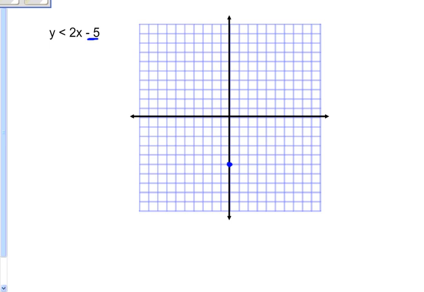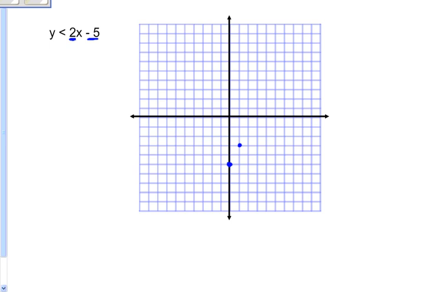And then I'm going to use the slope, which is the number next to x. And remember, we always view this as a fraction, which is 2 over 1. And so from my y-intercept, I'm going to go up 2 and then to the right 1 to put that point. Okay, once we've done this, this is where we have to go back and look at our inequality symbol.